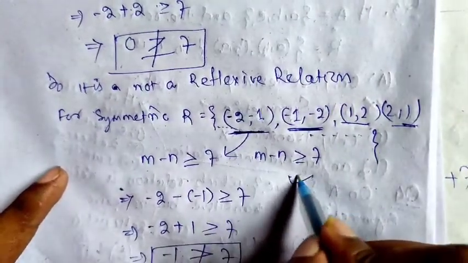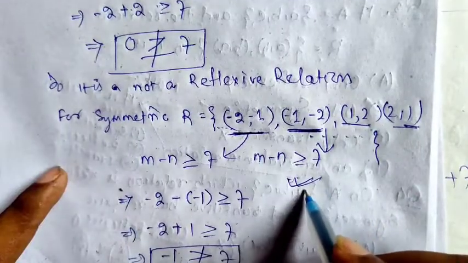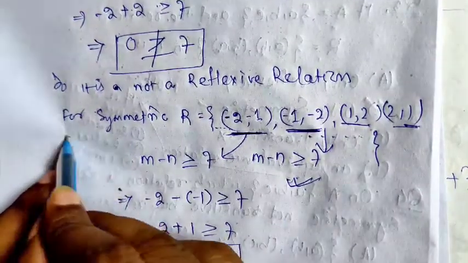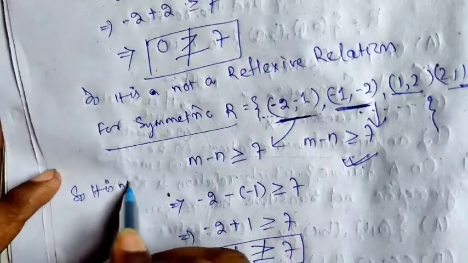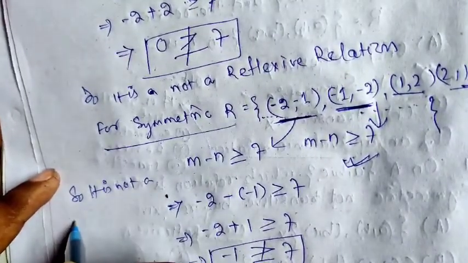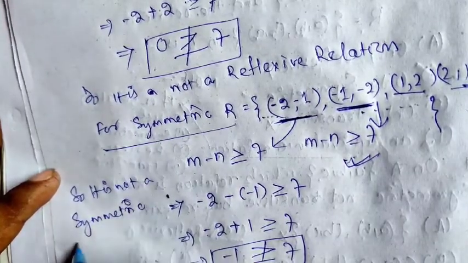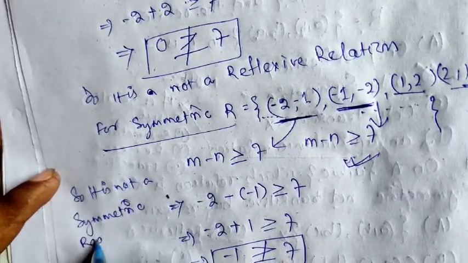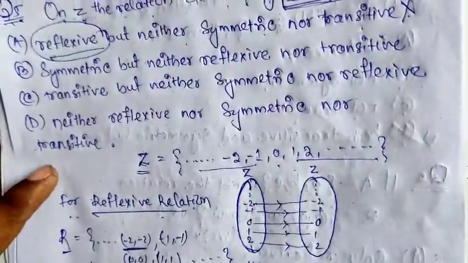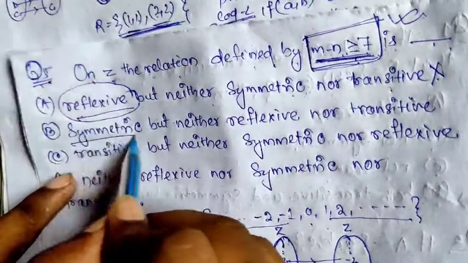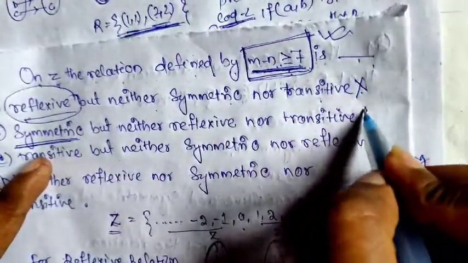Similarly, this ordered pair also does not satisfy it, so it is not a symmetric relation. So in option 2, it says that it is a symmetric one, so it is also a wrong answer.